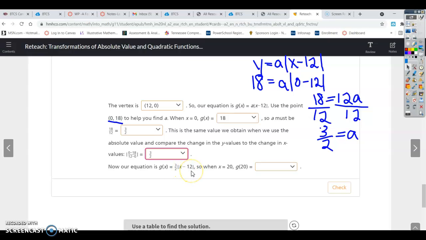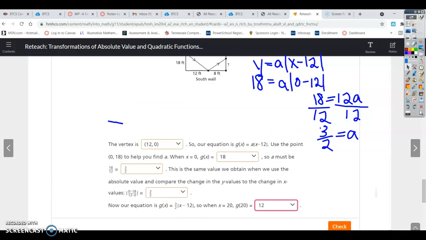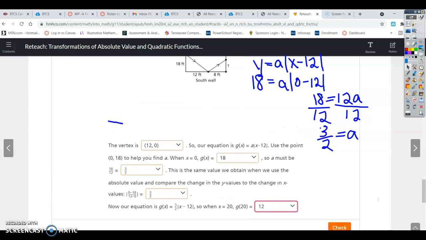All they did was replace the a with 3/2. So when x is 20, you can find g of 20, which is basically the y value. What's the y value when x is 20? So you substitute that in and you're going to get 12.